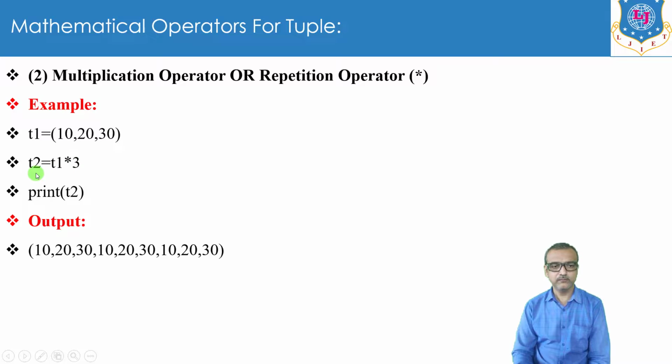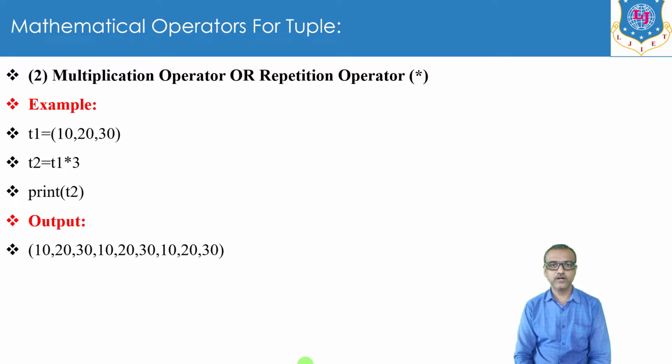So what will be the elements of T2? In T2 we will be having 10, 20 and 30 3 times. So print of T2 will give us the output as 10, 20, 30, 10, 20, 30, 10, 20, 30.